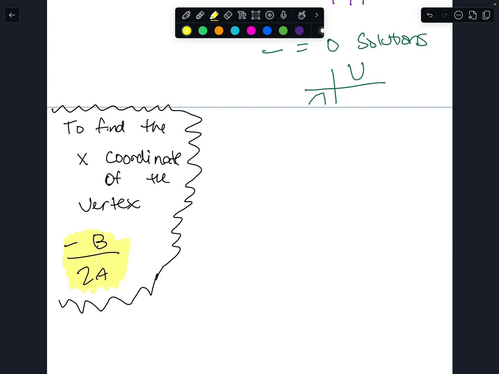So when we're graphing quadratics, I'm going to go ahead and give you some steps. Step 1.